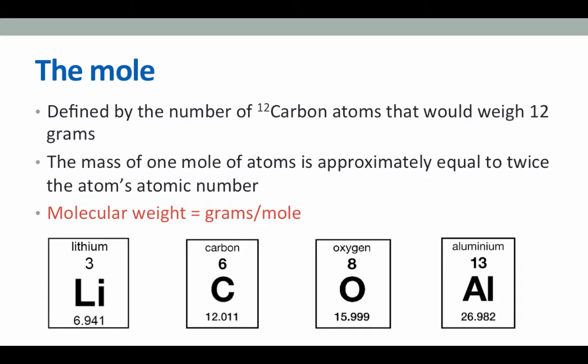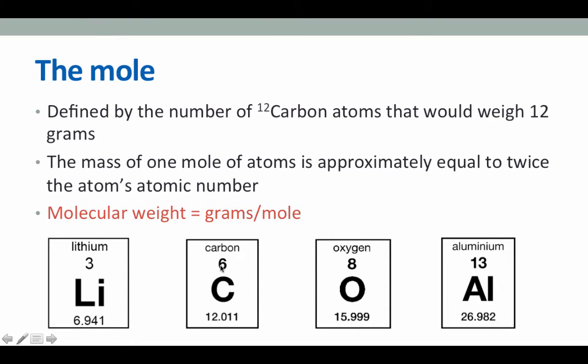And you will understand the pattern that we see below here, where the molecular weight, or the mass of a mole of an atom, is roughly twice its atomic number. So on the left, lithium has an atomic number of 3 and a molecular weight of 6-ish.